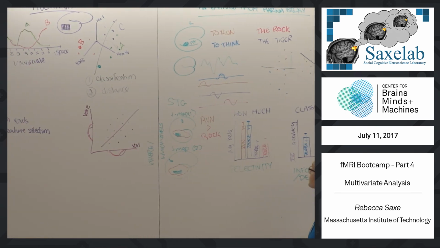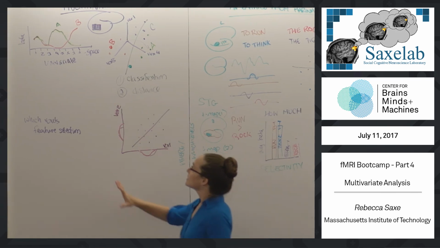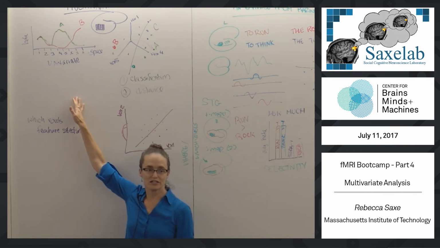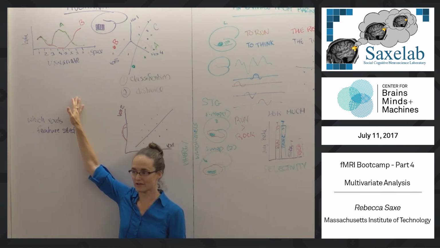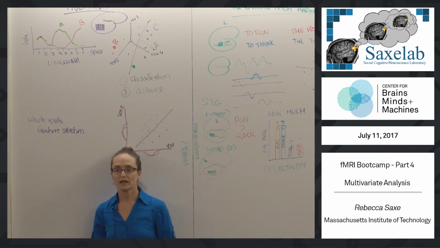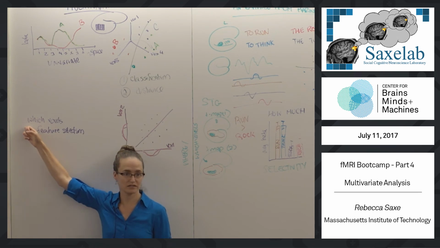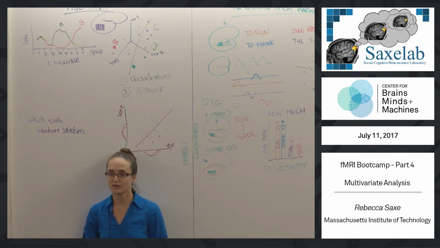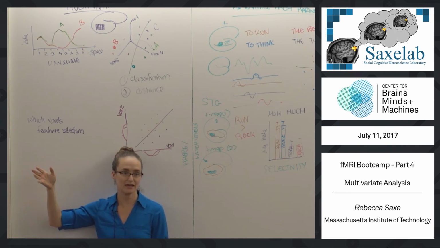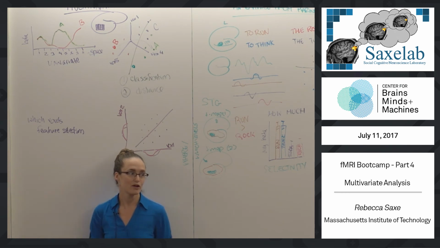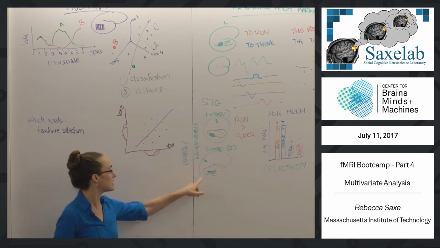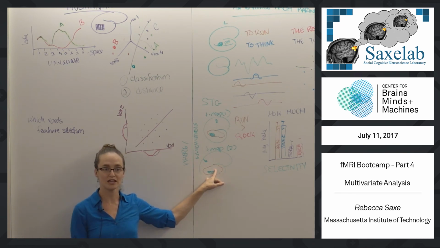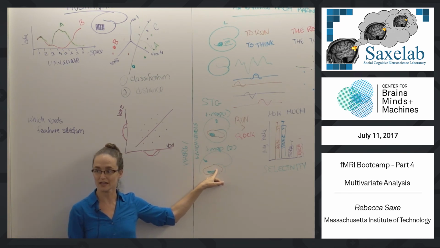First topic. In this version of multivoxel pattern analysis, we assumed that we knew which voxels we wanted to study in some other way, right? So we considered the version where we wanted to study the amygdala, and we used anatomy to select them. We considered the version where we wanted to study this part of the left STG, and we used a functional localizer to select them.